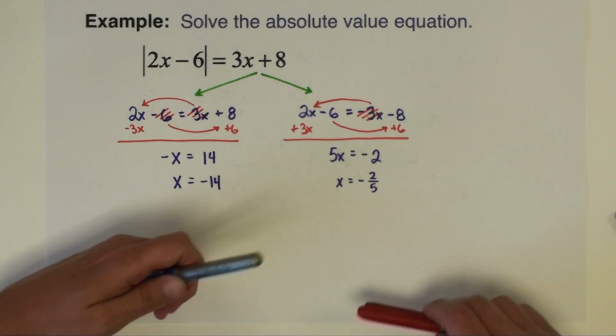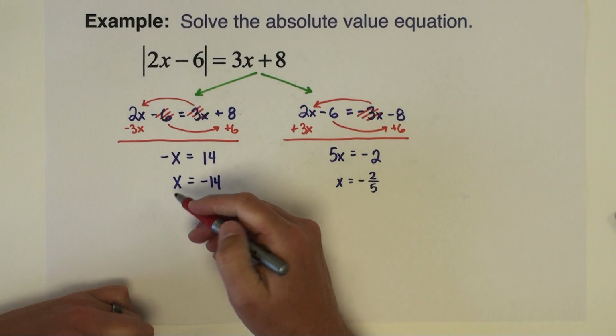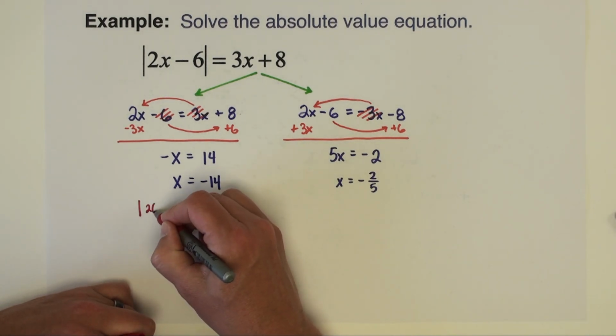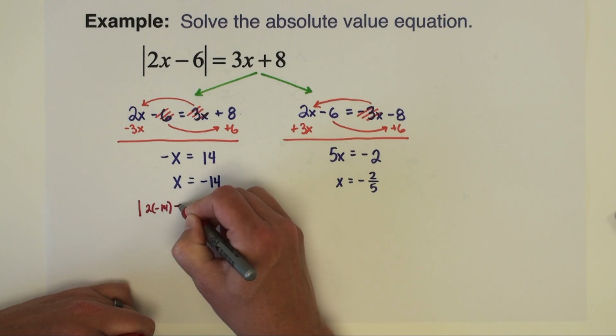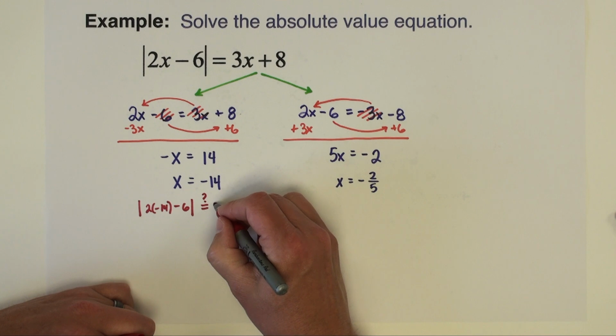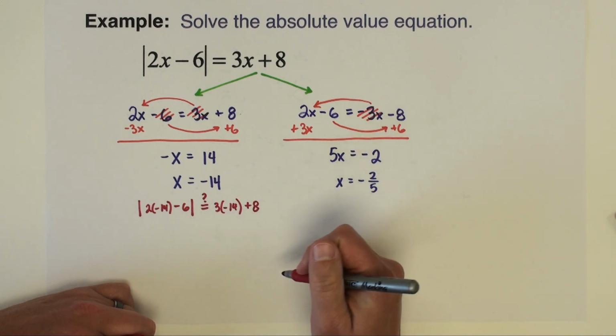So let's check first the negative 14. I'll just plug it in right beneath here. So we got absolute value of 2 times negative 14 minus 6. Does that equal 3 times negative 14 plus 8?